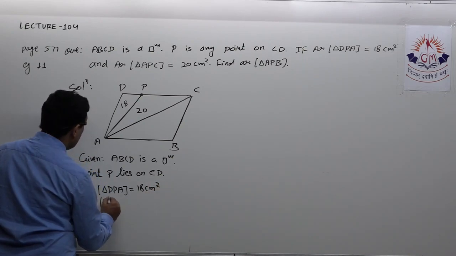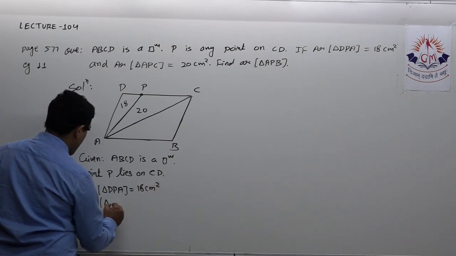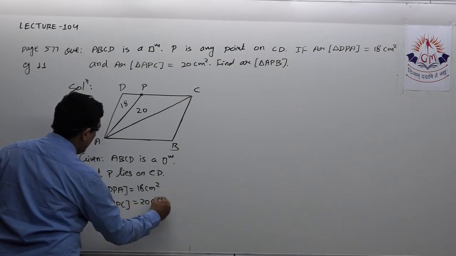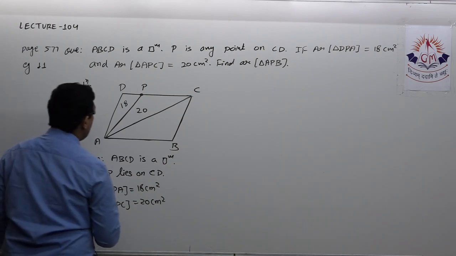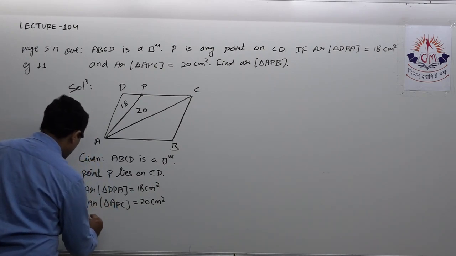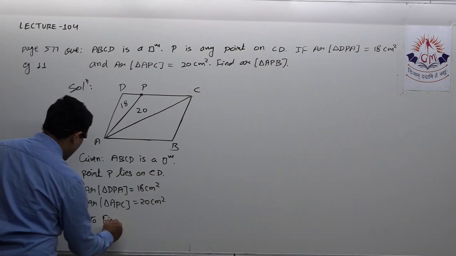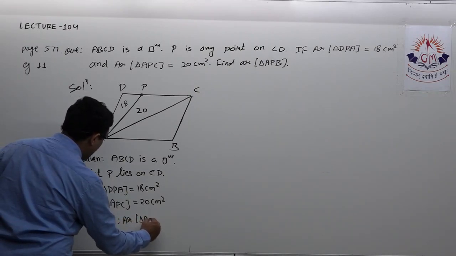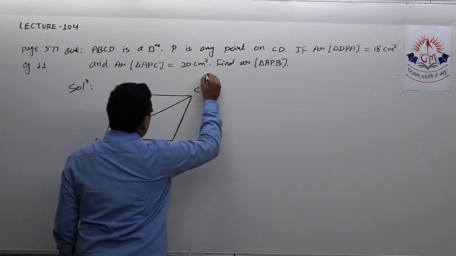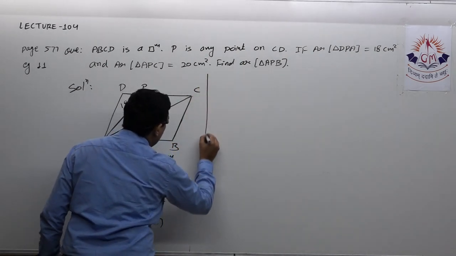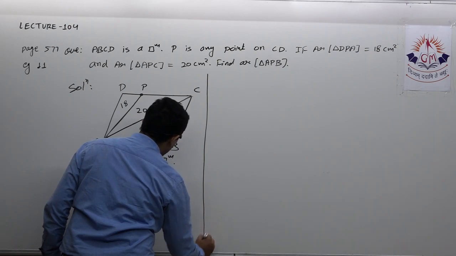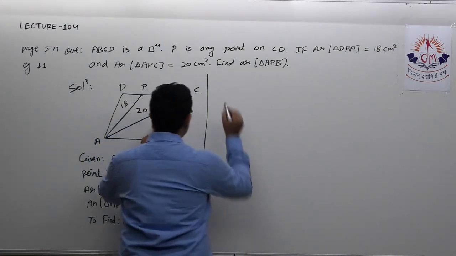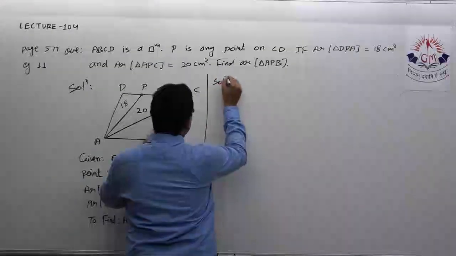Area triangle APC is equal to 20 centimeter square. These two things are given directly. What we have to find is area triangle APB. And we know that APB and ABCD have the same base and are between same parallels. So to get the APB, we must need ABCD. So let us see its solution.